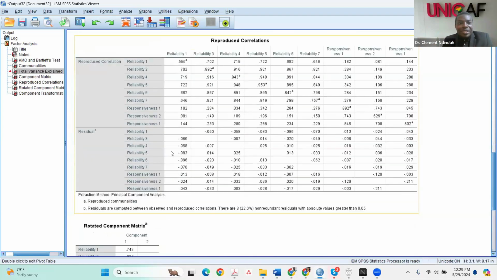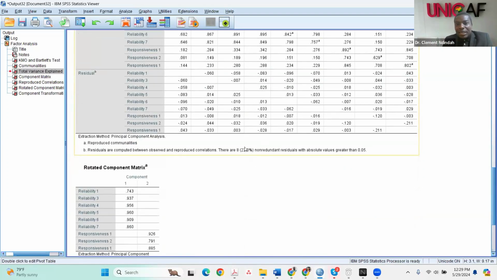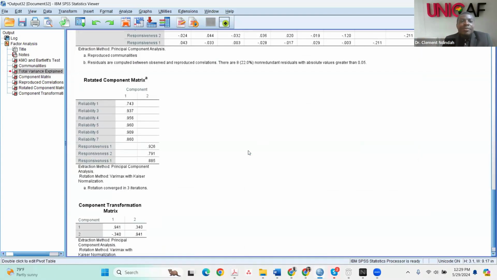We come here, we go down to our residuals, and this was also reduced, meaning our model is becoming a better fit, but it was already good since we had less than 50% non-redundant residual.